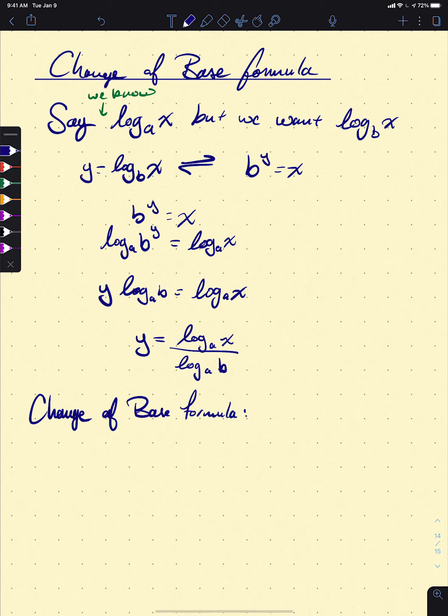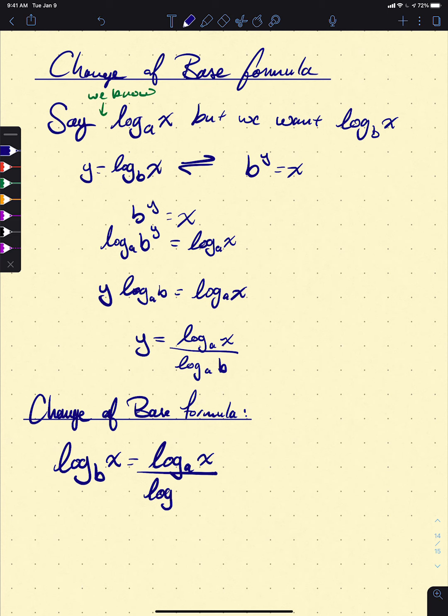This is how you can take a logarithm in one base and transform it into the language of another base. We have, say, the log base b of x is log base a of x divided by log base a of b.